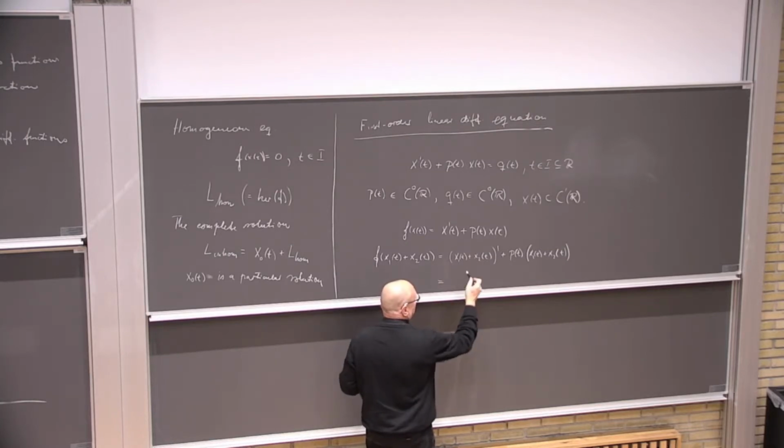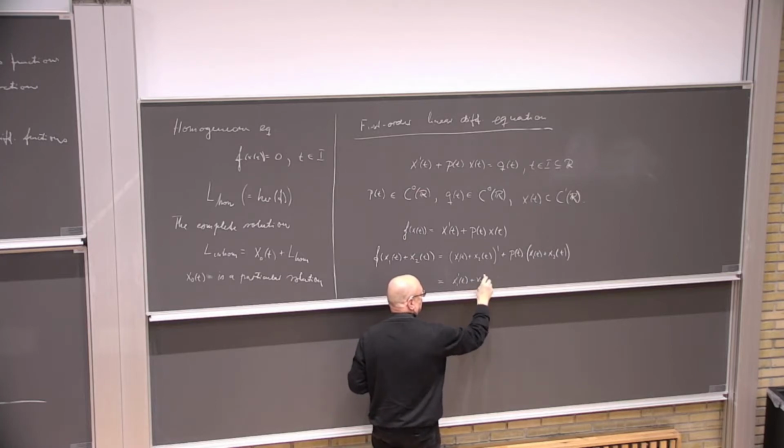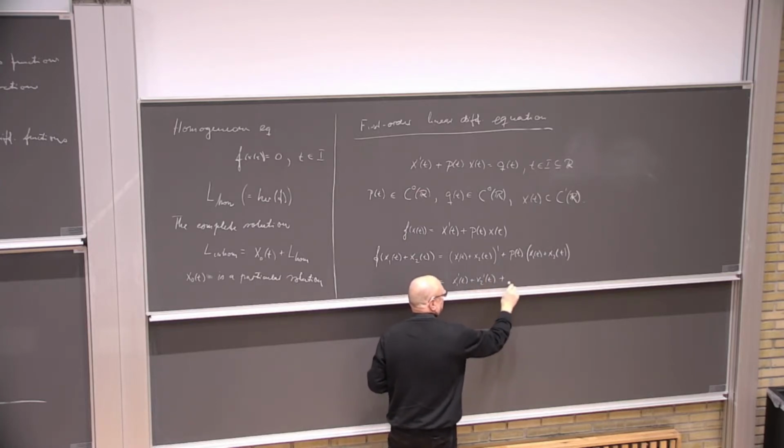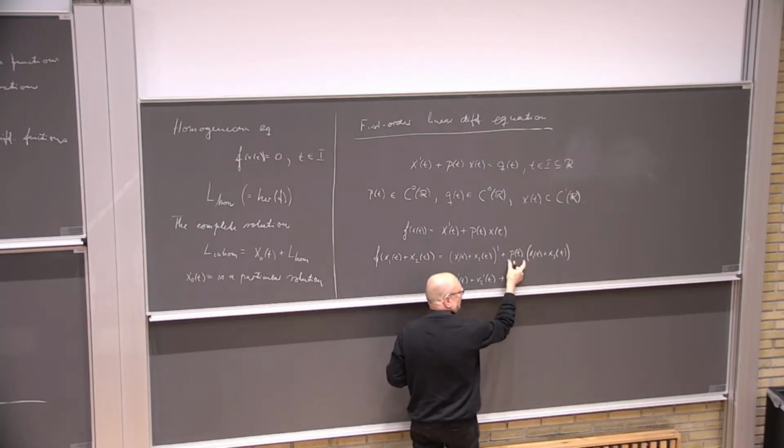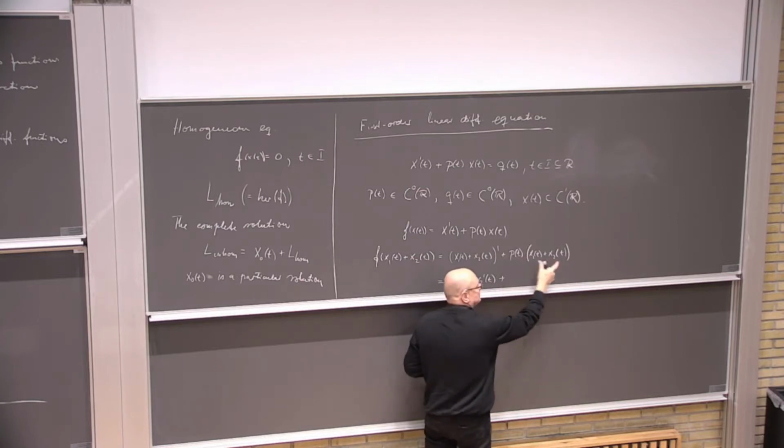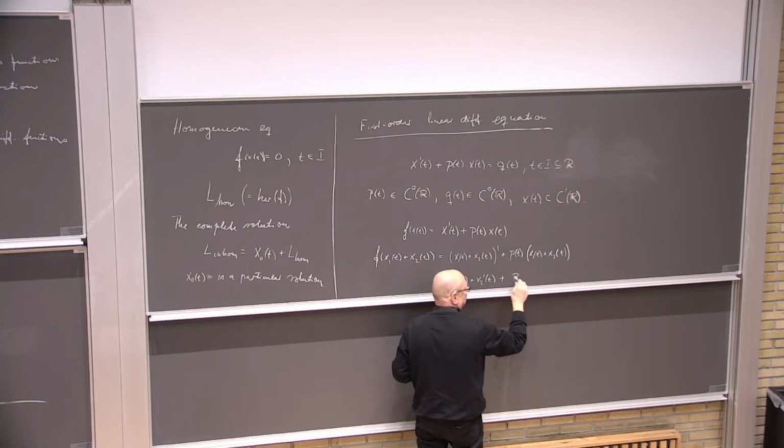So I take the derivative of a sum by summing the derivatives. And then I can multiply this function inside this parenthesis, or this bracket here.